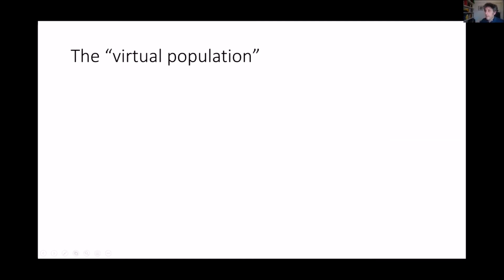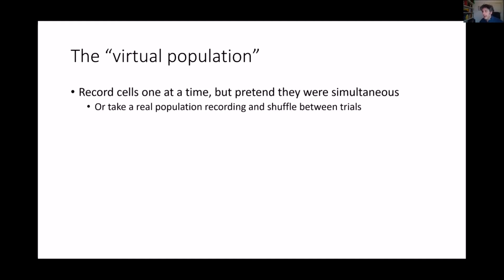Okay, so what did people do in the prehistoric days when you could only record one cell at a time? Well, people learned so much from this. For example, everything that happens now in brain-machine interfaces, or a large part of that whole field, came from one paper by Schwartz and Georgopoulos and colleagues, where they recorded one cell at a time and used it to make a, quote, virtual population.